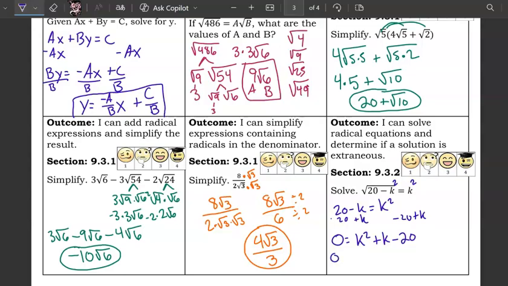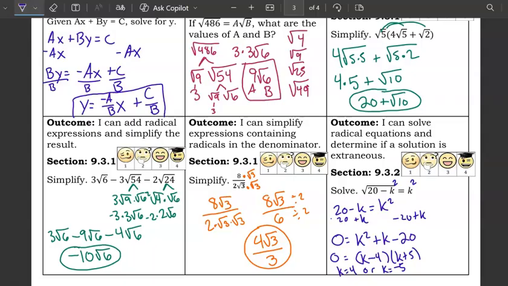We can factor this. Two numbers that multiply to -20 and they subtract to 1. K minus 4 times K plus 5. We have two possible answers here. K equals 4 or K equals -5.